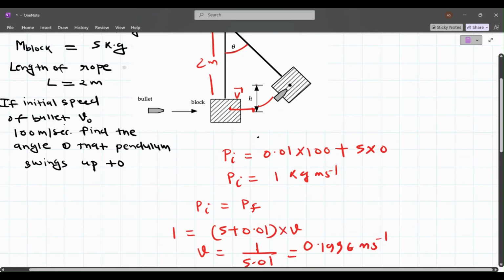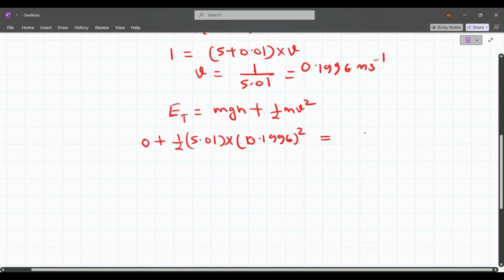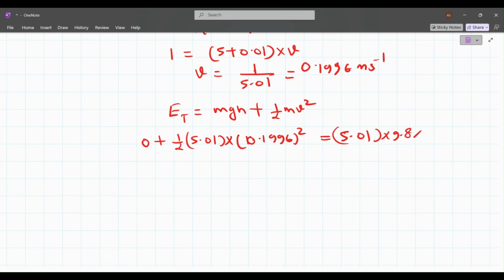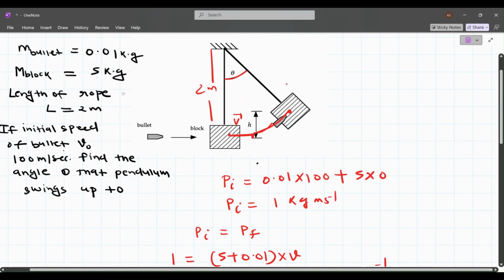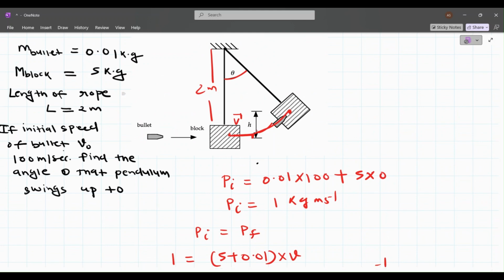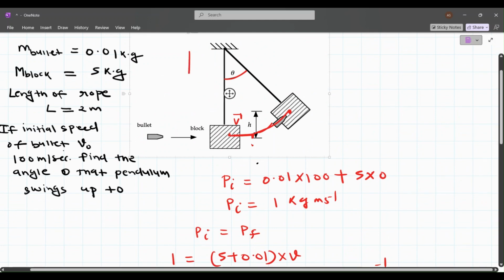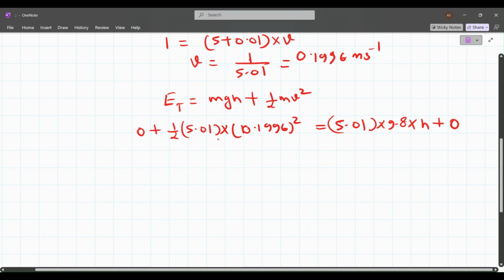And when it reaches this extreme position, its kinetic energy is zero, but the potential energy is the mass, which is 5.01, times g, which is 9.8, times h, the height. So this is the height of the center of the block from the ground.